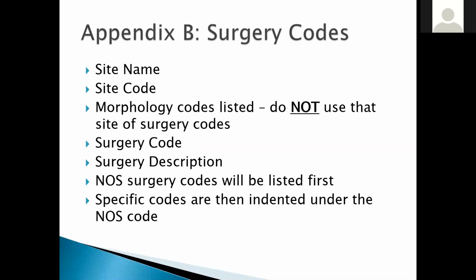You may want to highlight this to remind you why these are listed, okay? Codes are listed with a description of the procedure. NOS codes, the not otherwise specified codes, are listed first, with the more specific codes indented and listed under the NOS code.